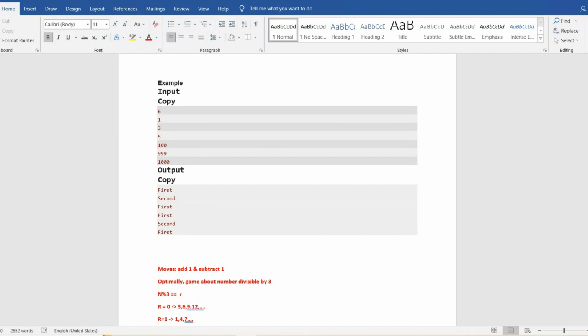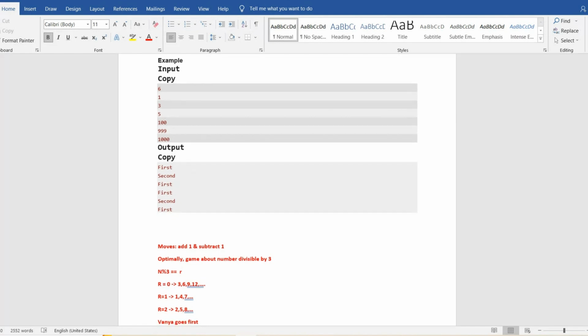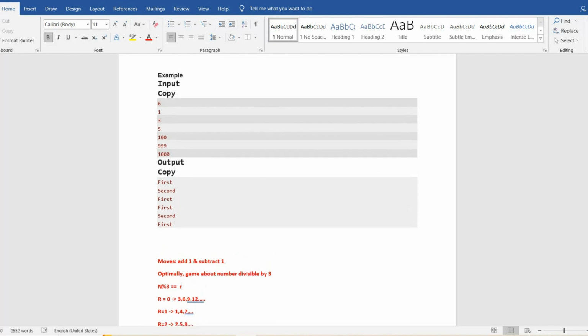If n's value is 1, 4, 7, those are the possible chances where r value is also 1. And when n is 2, 5, 8, when we take the modulo by 3, we get 2 basically. So these are the possible modulus operations which have to be considered.